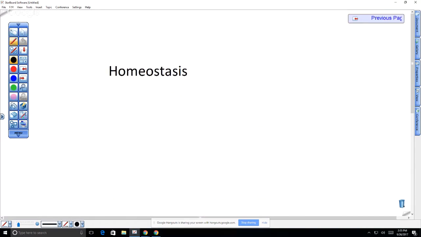I want to review or introduce you to this idea of homeostasis. So what does homeo mean? Same. And stasis means state. The same state.